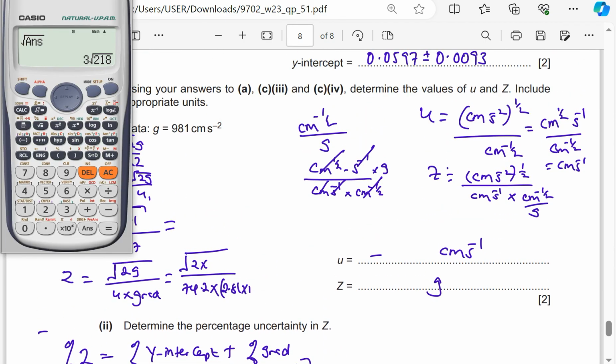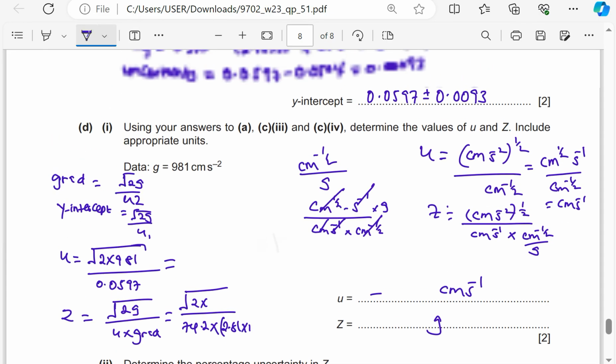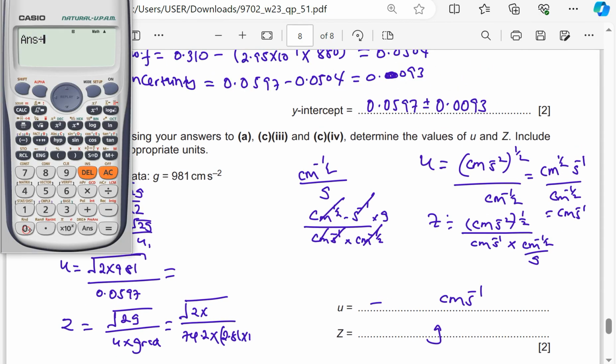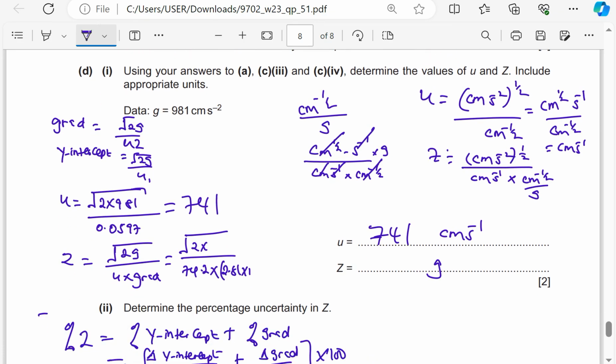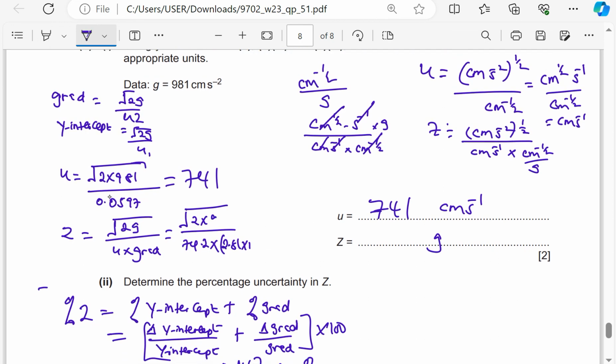So divide by 0.0597. So this is supposed to be 741. Of course, the units are not going to change. Then this one is also going to change, I think. 981.